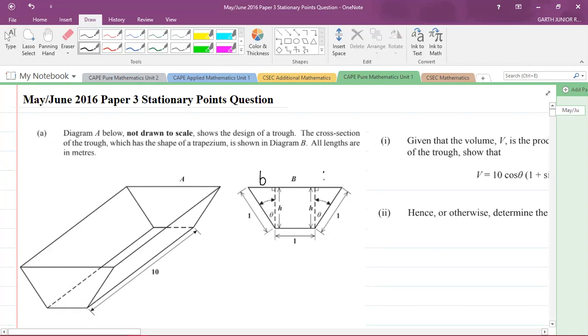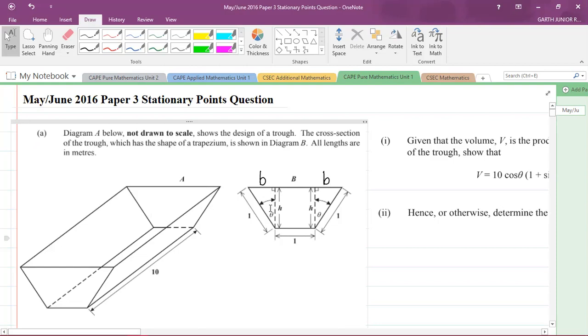In order to find b, I need to use my knowledge of trigonometric ratios.